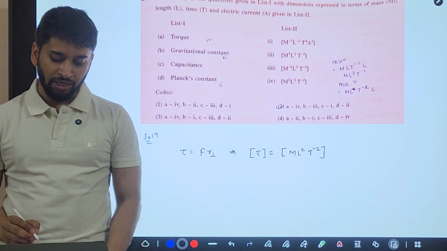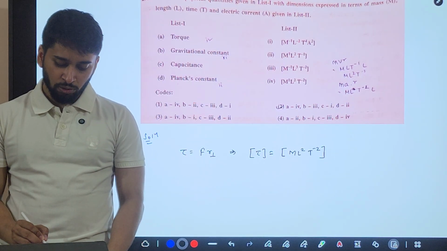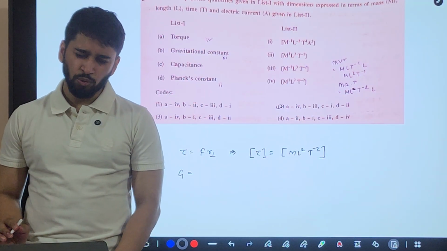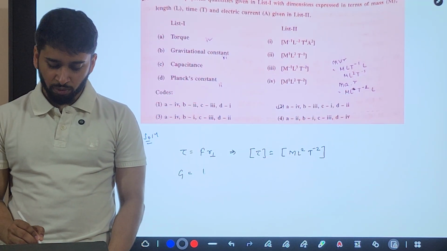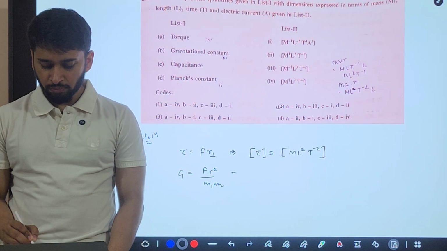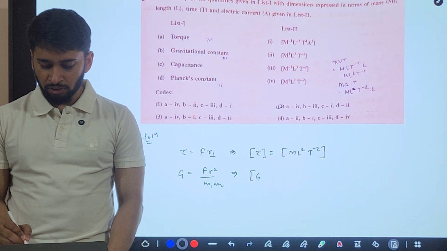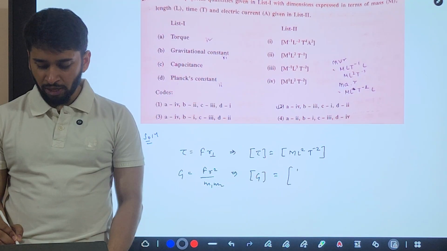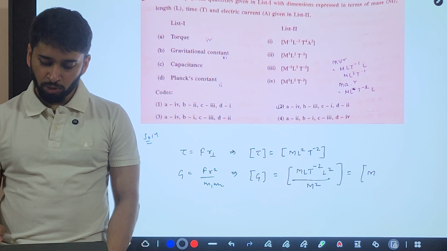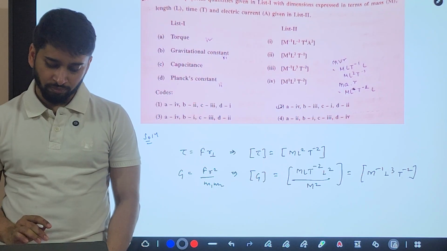Gravitational constant G: F is G m1 m2 by r square, so G is F r square by m1 m2. So the dimensional formula for G: for force you have MLT minus 2, r square will be L square by m square, so this becomes M to the power minus 1 L cube T to the power minus 2.